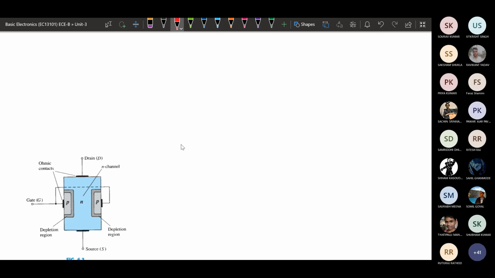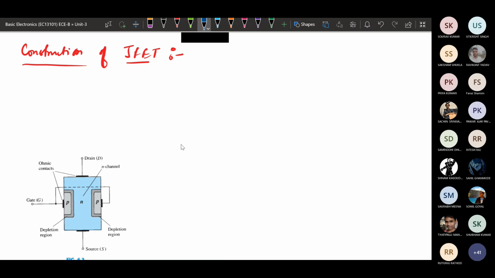Okay, so here we will see the construction of JFET.